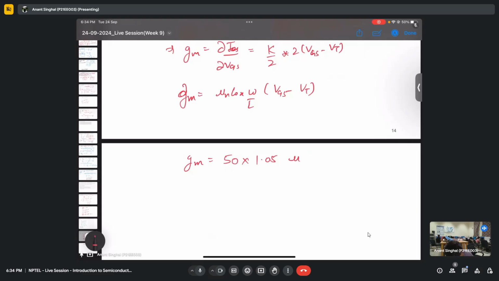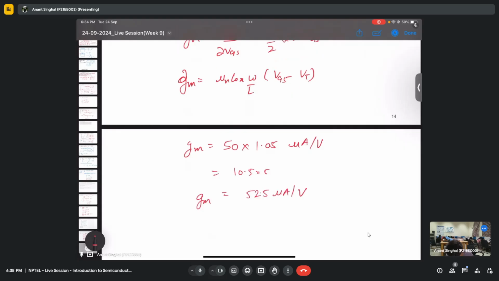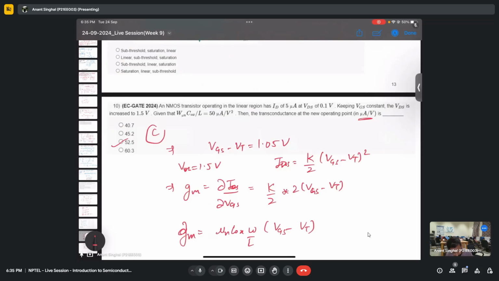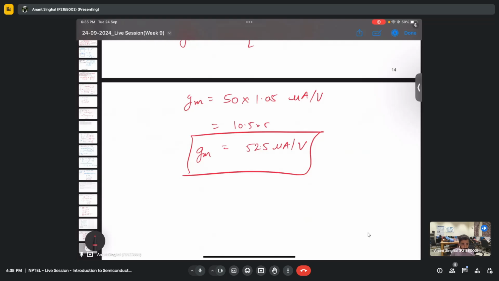So this will come out to be 10.5 into 5, so 52.5 microamp per volt, which is option C. Is it clear, everyone? Please let me know if this is clear.